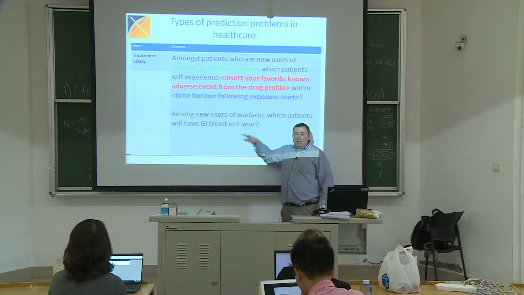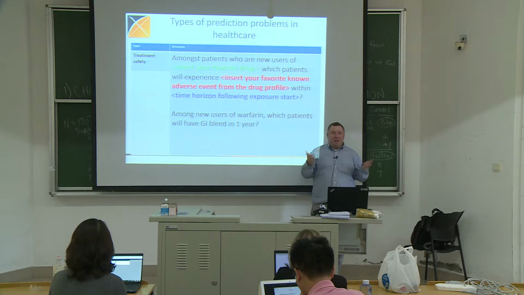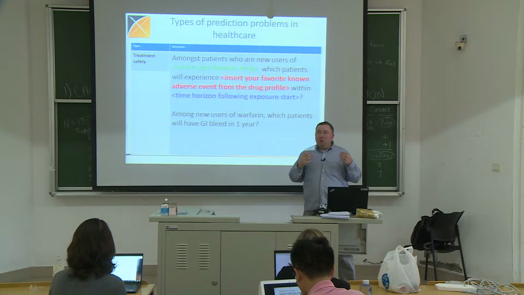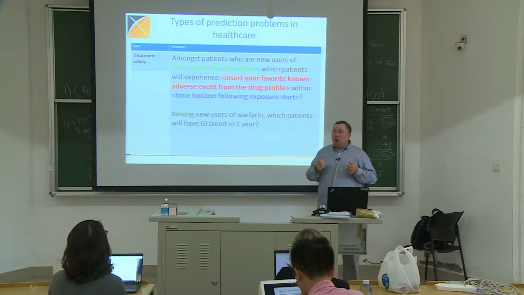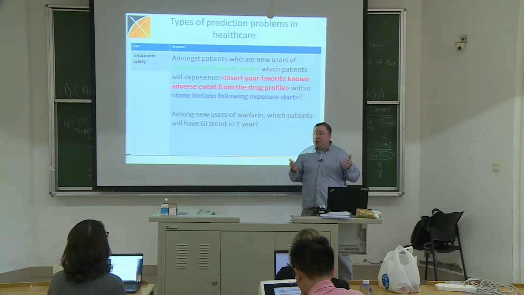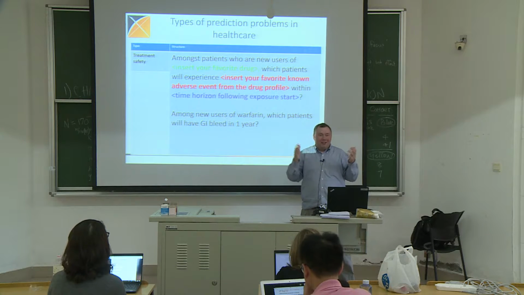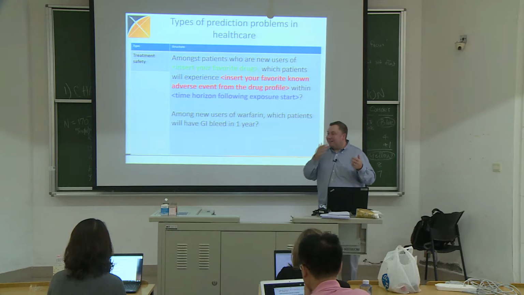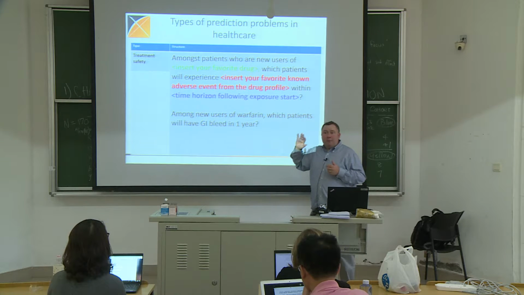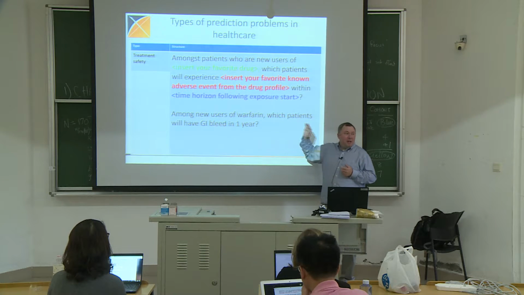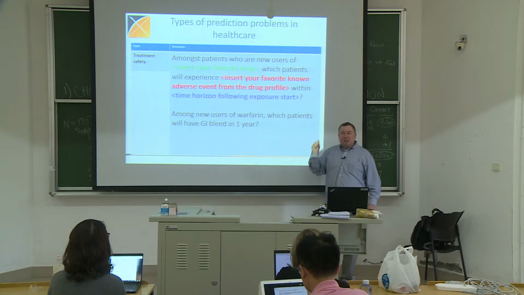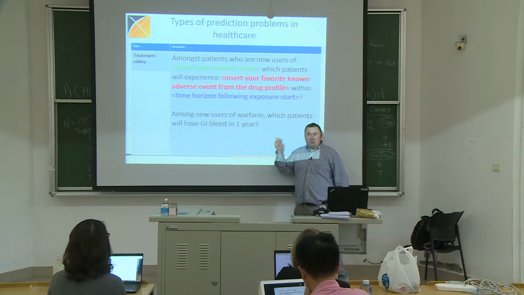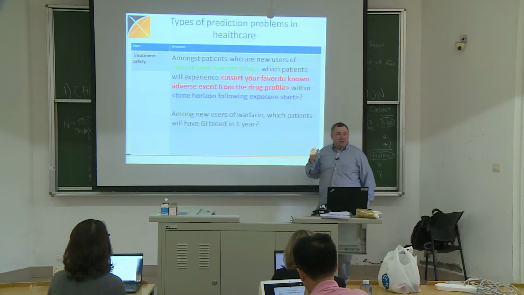So I think that, as many of you who are becoming clinicians, when you tell your patients to take a drug, and they are worried about taking it because they've heard that it has some side effects, you can think back about using prediction to help that patient by saying, here is the chance that those side effects are going to happen to you now that you've taken this drug.